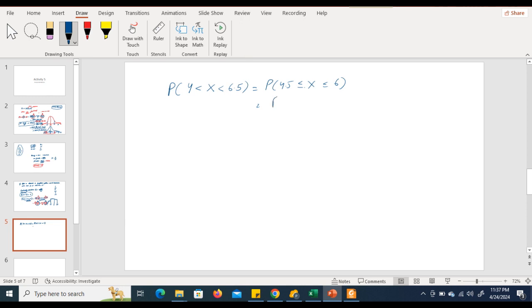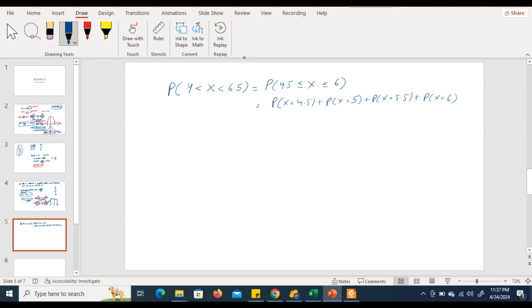So we need to check the probability at x equal to 4.5, 5, 5.5, and 6. This is how we can calculate the probability from the actual data.